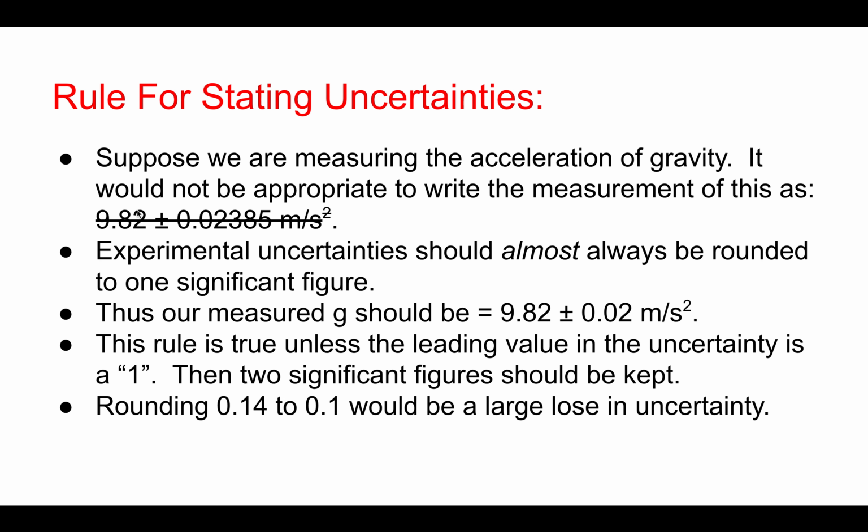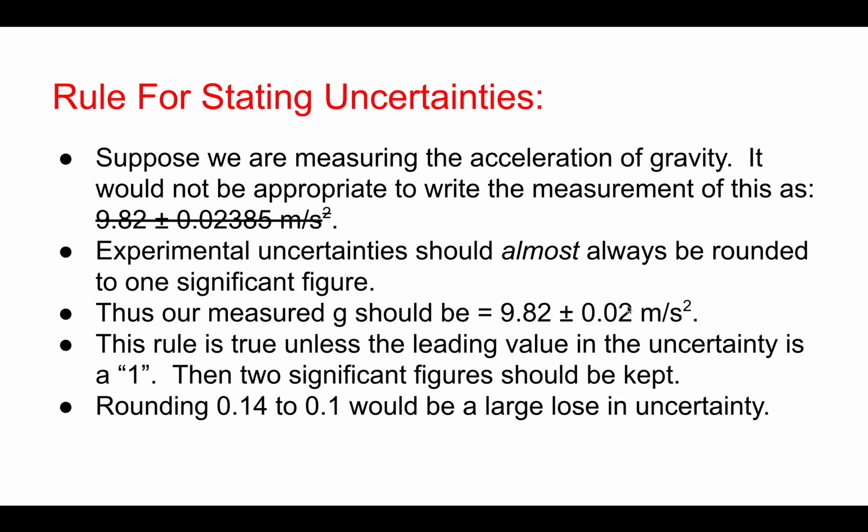So we almost always round the uncertainty to one significant figure. And it'll work out that the uncertainty is always in the last decimal place of the value. For example, the uncertainty is in the 100th place here, and the last digit of the value is in the 100th place too. The exception to this is if the uncertainty is a 1.